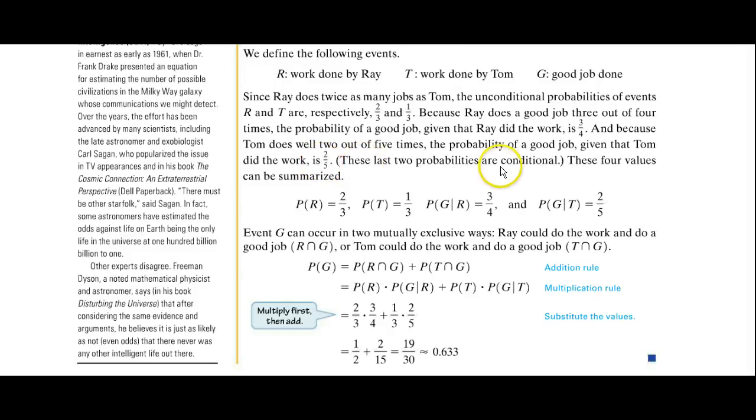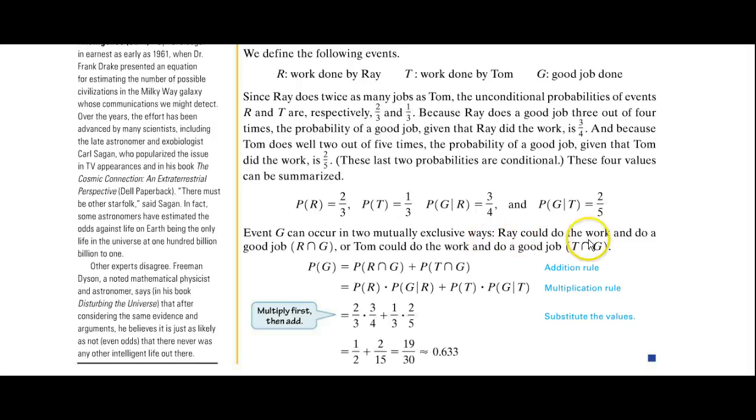These last 2 probabilities are conditional. These 4 values can be summarized then as Ray doing a good job, Tom doing a good job, and as we see this, given R, which is Ray, given Tom, which is T. Event G can occur in 2 mutually exclusive ways.